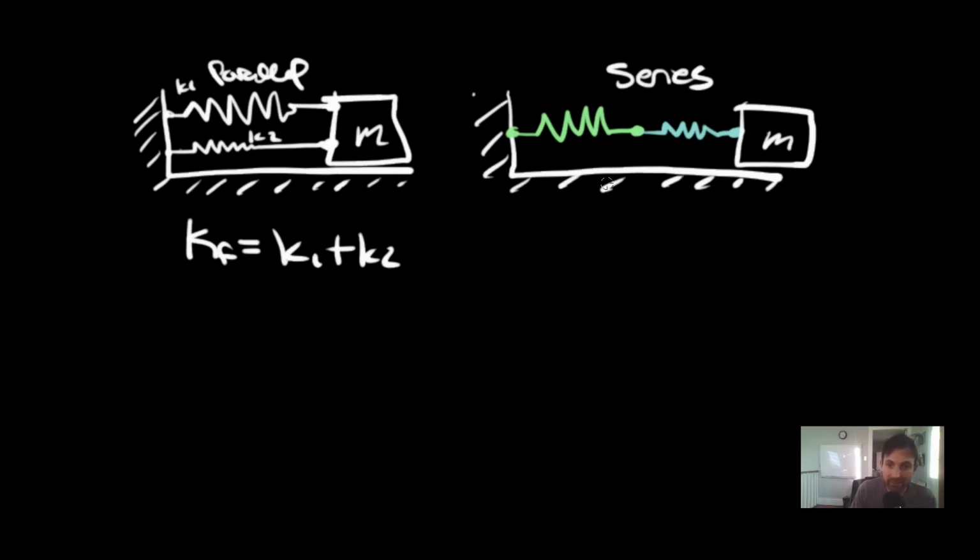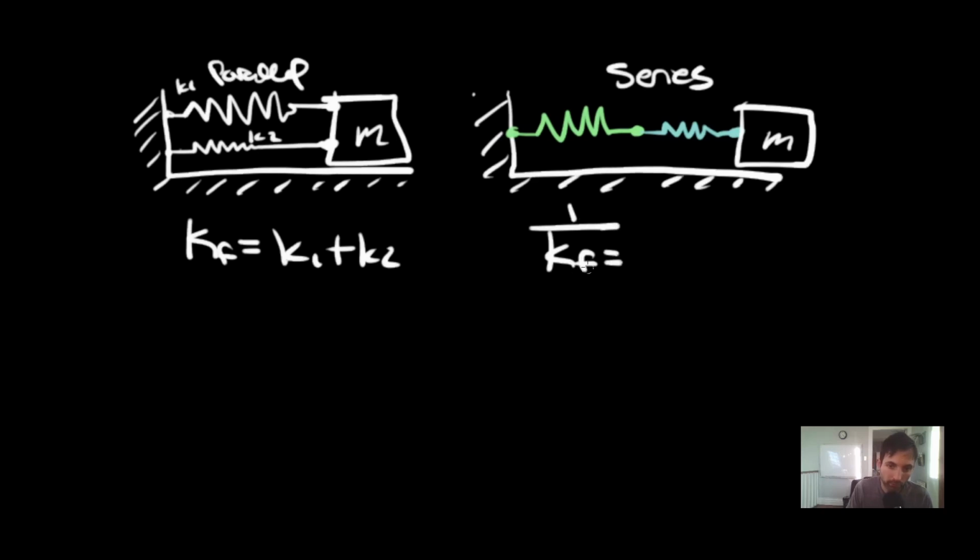But if you are in series like this, now your spring constant final is, well, it's actually not just the spring constant final, it's 1 over the spring constant final.